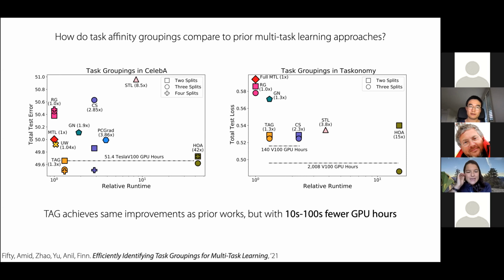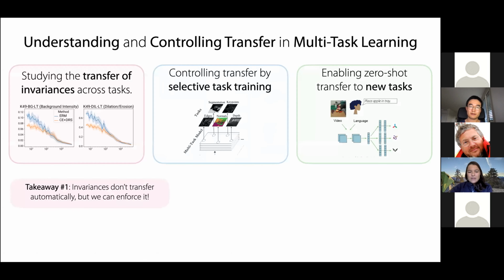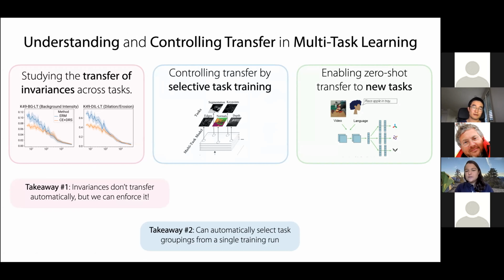In particular, it achieves the same improvements as these prior approaches, but with tens or hundreds of fewer GPU hours. Great, so the takeaway here is that we can automatically select task groupings from a single training run, and this is an efficient and useful approach for controlling how information is transferred across pairs of tasks.